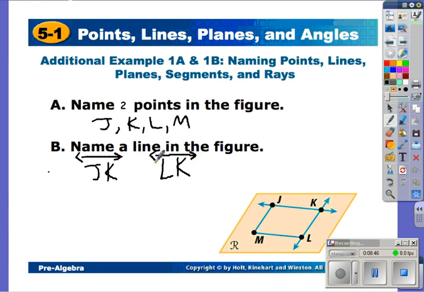Now, if you had put line KJ, that would be just fine because you're just picking 2 points on that line and putting a line above it. Again, you could have also said KL. The order on a line is not as important as the order on a ray. So those are your answers for that one.